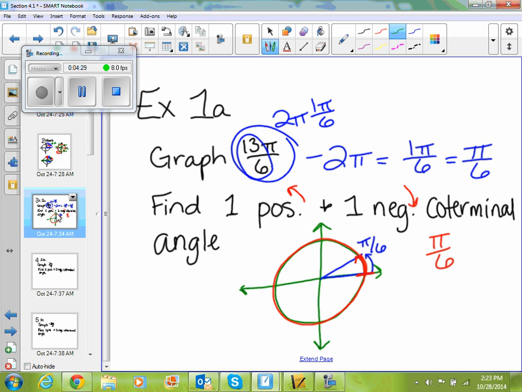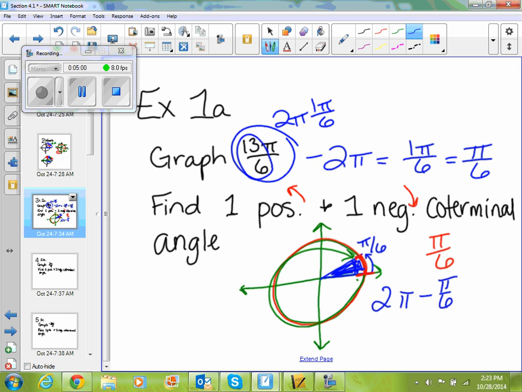If I go in the negative direction, clockwise, then I'm going to go all the way around my circle, all of this 2 pi, except for this part, because I have to stop. So my negative angle is 2 pi minus pi over 6. I'm going all the way backwards except for just this one piece that I'm not allowed to go into.